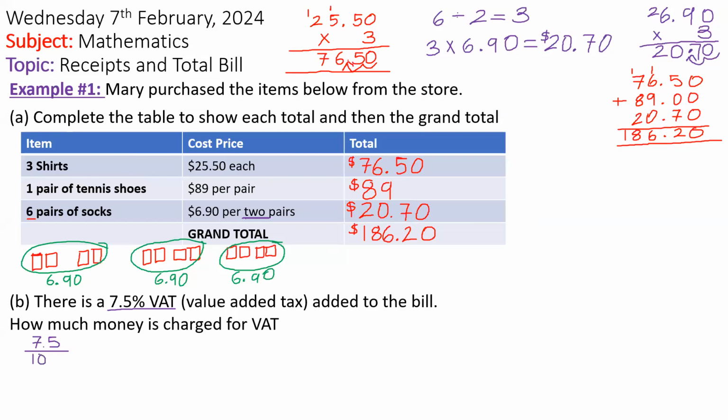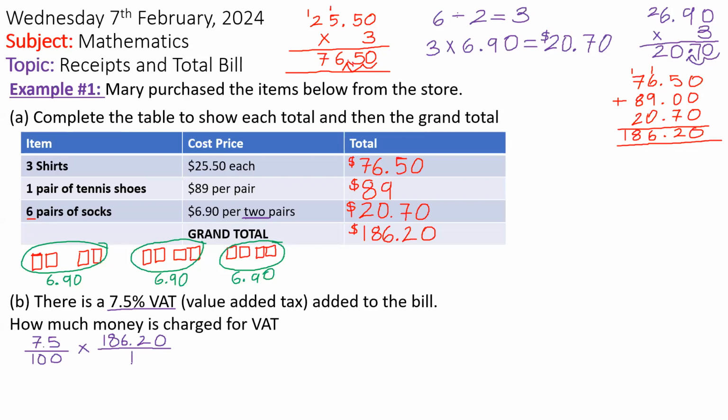And we're gonna multiply that by the grand total. What is the grand total? $186 and 20 cents. Very good. $186.20. We're gonna put that over 1.